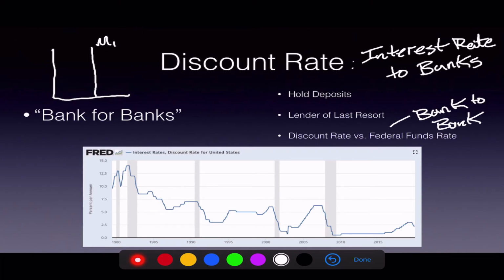If banks don't borrow as much money, they're not going to be able to loan as much money out, and the money supply is going to shift to the left and decrease as a result of an increase in the discount rate. Obviously, a decrease in the discount rate is going to have the opposite effect. It's making it easier for money to be loaned out. More loans will be made. More money will be in the system.